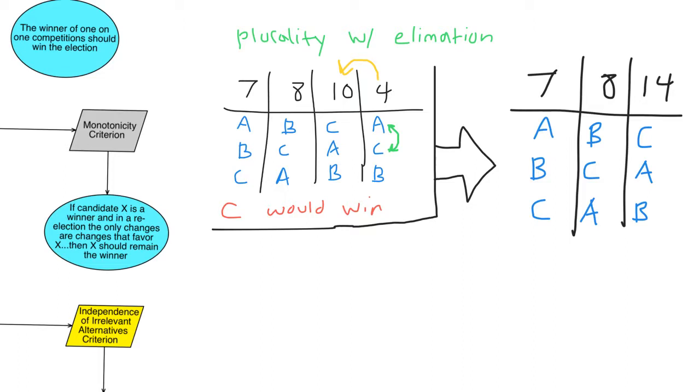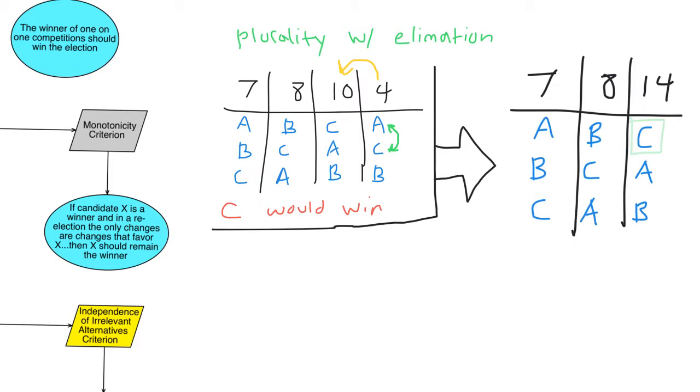Clearly, that should benefit C. C won the first election with the plurality with elimination method, and then there was a re-election, and the only changes that took place are changes that benefit C, who was the winner the first time. So clearly C should win this time, right?